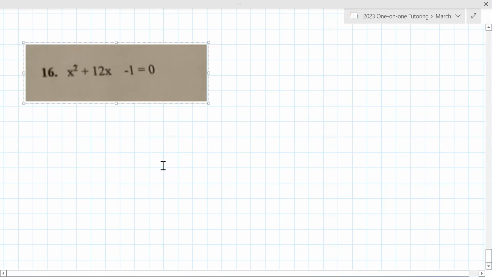Okay. This one again says to solve by quadratic equation. Can you tell me the values of A, B, and C? A is 1, B is 12, and C is -1. Good. Okay.